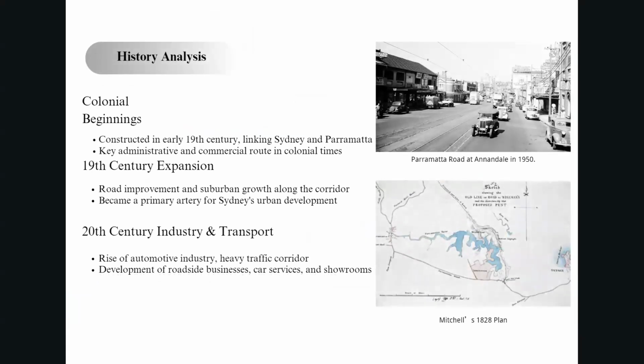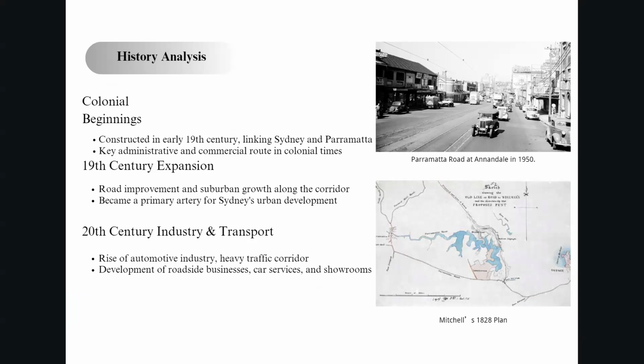The early 19th century Parramatta Road was an important route that linked Sydney and Parramatta, an administrative and commercial center. The urban expansion and growing suburbs throughout the 19th century improved and extended its road.